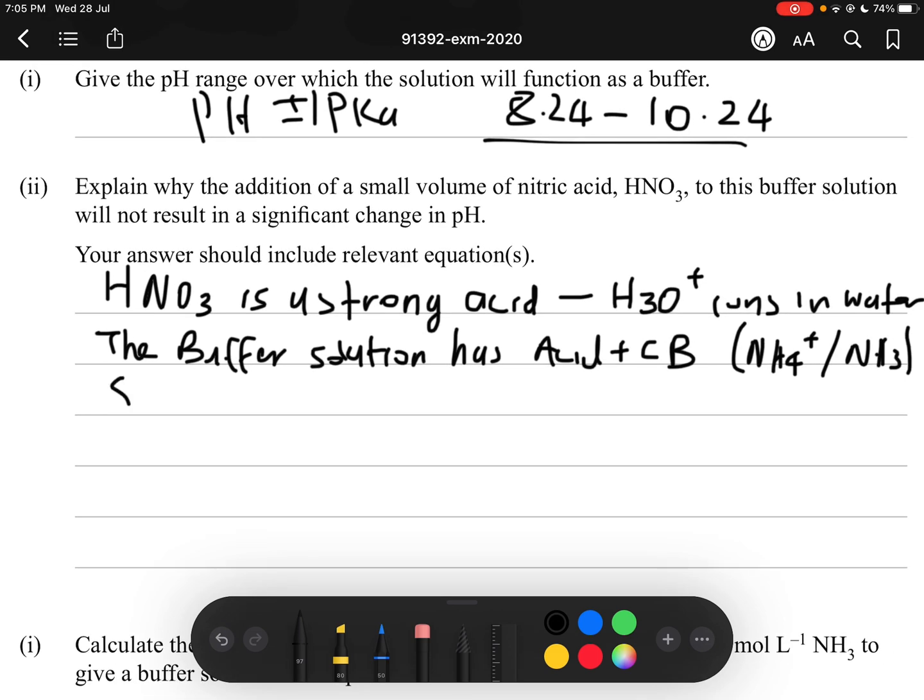So we can say that some of the hydronium ions will react with the NH3, which removes some of the excess hydronium.